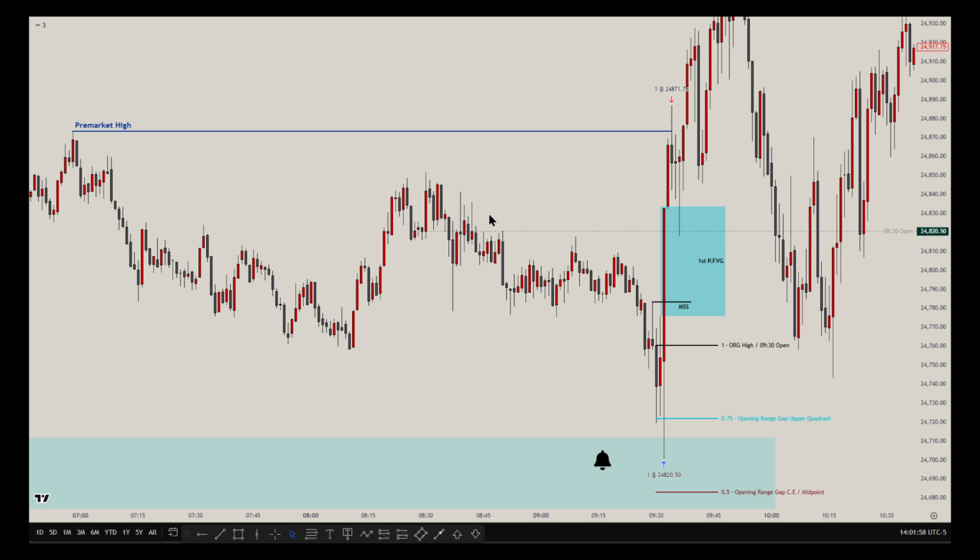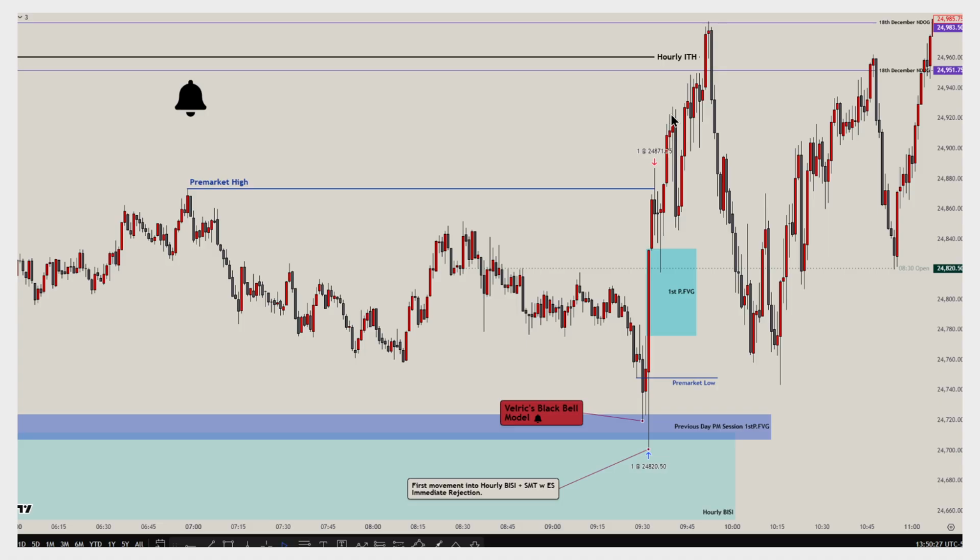It's like a trend line, and the pre-market high. So that's a super good confirmation, along with the inversion fair value gap, that we're very likely to trade up into the pre-market high. Then once that happens, it goes also into the hourly intermediate term high over here, and then it gives you that sell-off move.